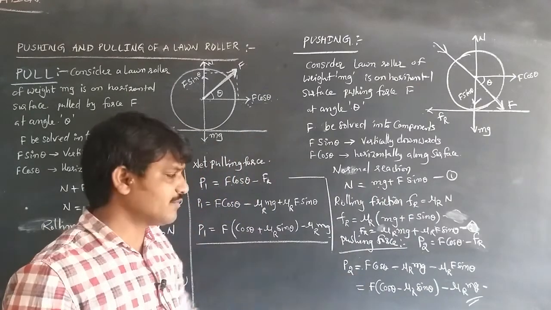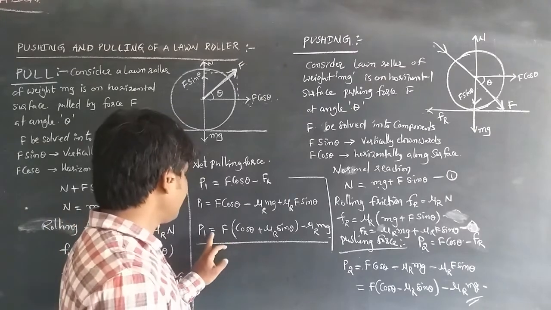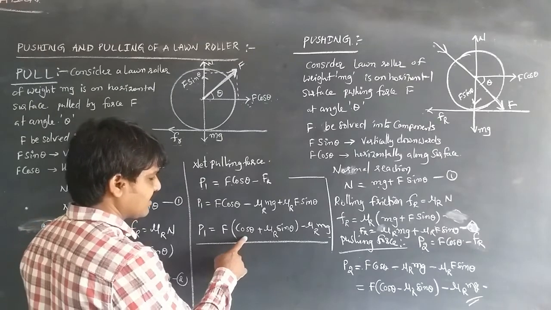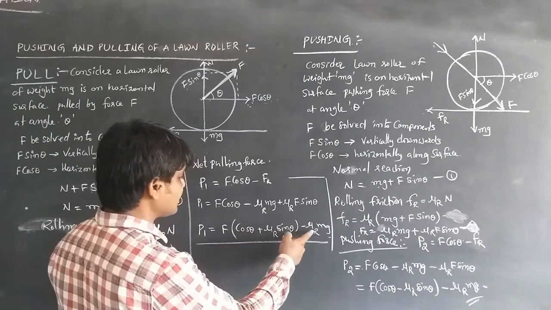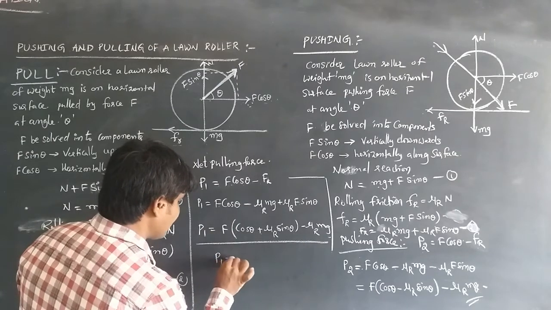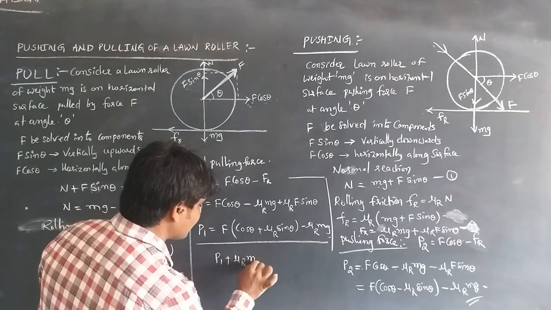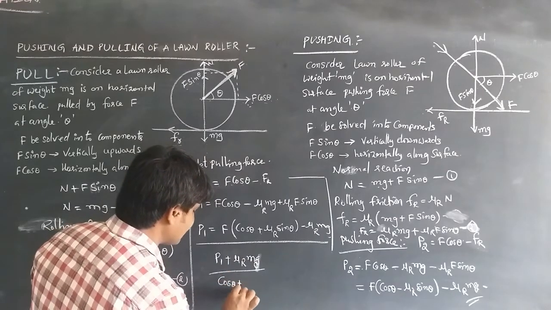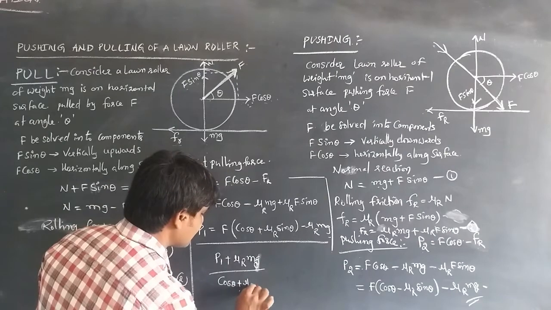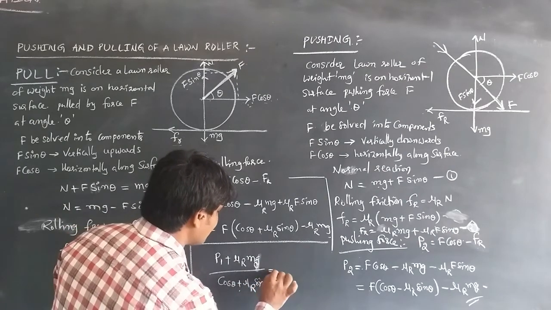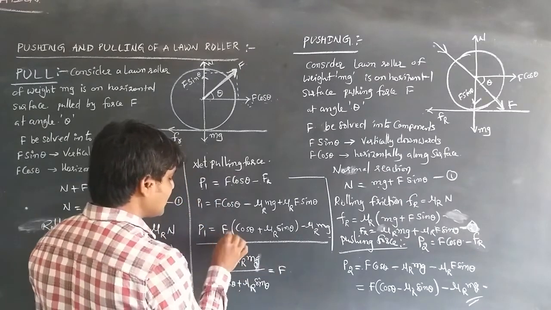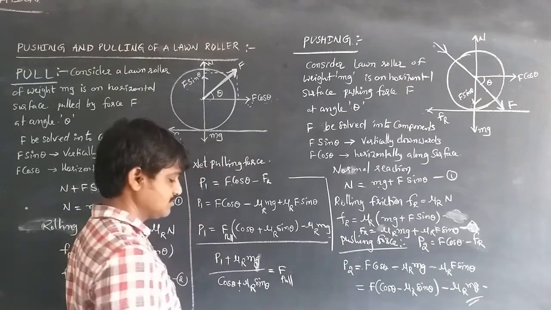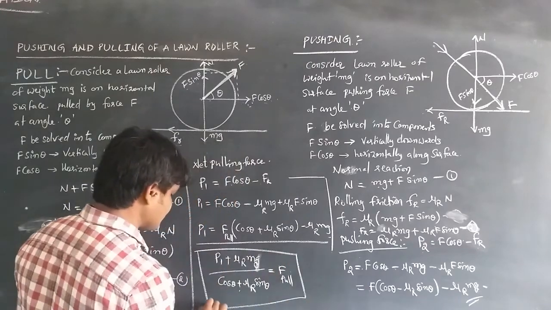This is the pushing force. We got P1 is equal to F of (cos theta plus mu r sin theta) minus mu r mg. From this equation, taking terms to the other side, (P1 plus mu r mg) by (cos theta plus mu r sin theta) is equal to F. That force is the pulling force.